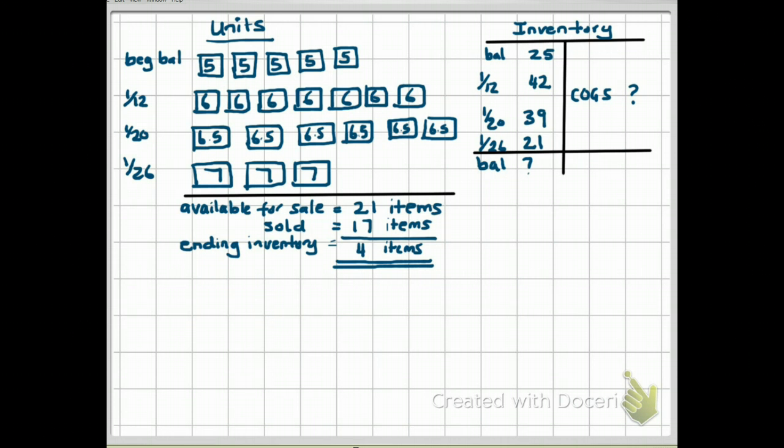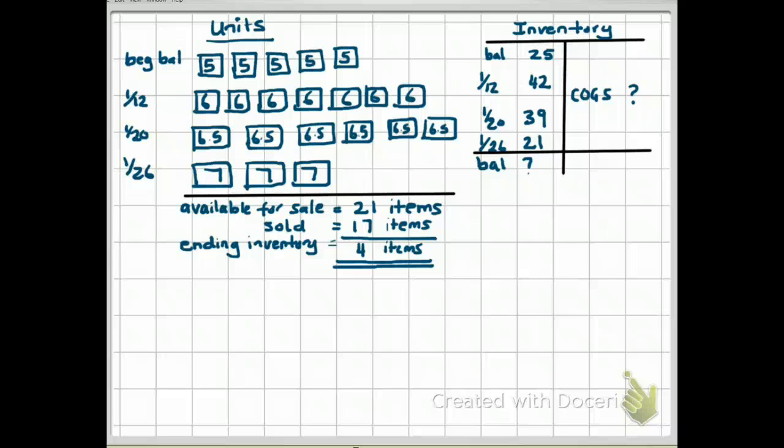Let's say every item was at $5. We know that those 17 items we sold would have cost us $5, and our ending inventory, each item would have cost us $5. But here we have different purchase prices for each purchase, and this is typical of day-to-day life. We do not get the same price. Prices vary in the marketplace, and therefore we would pay different prices for different purchases.